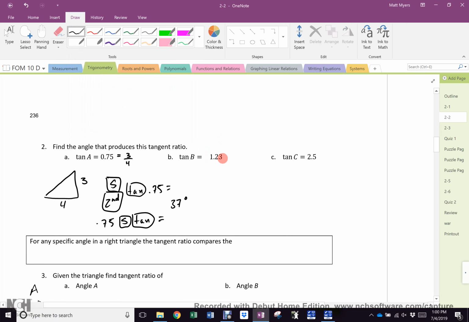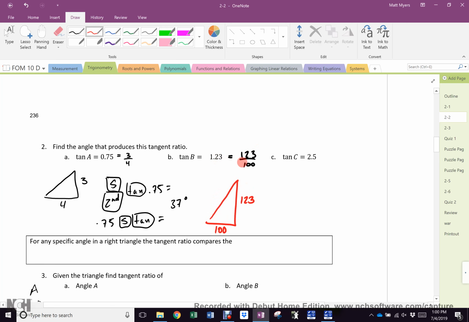But I want you to draw this triangle. What would this be as a fraction? It'd be 123 over 100, right? Yeah. Right? Because there's only 2 decimal places. So what would the triangle look like? Well, this would be the 123. This would be the 100.